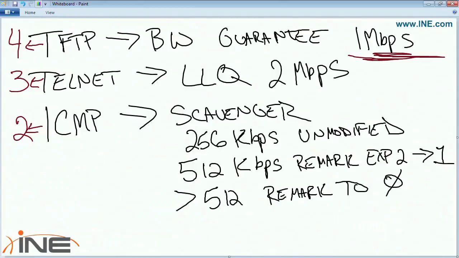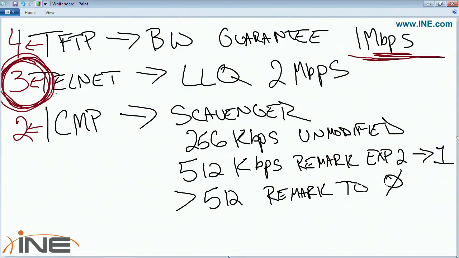So if we look at what those mappings I was mentioning before, let's say next that we want the telnet to be the low latency traffic. And the telnet is using precedence number 3, which is automatically correlated to experimental 3.